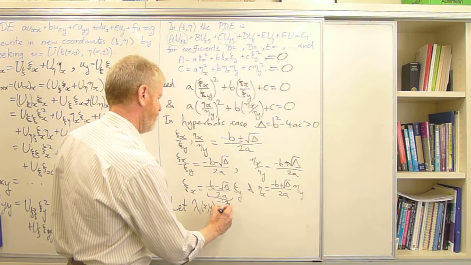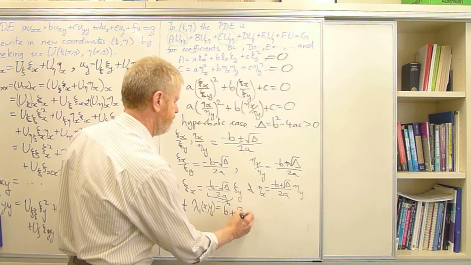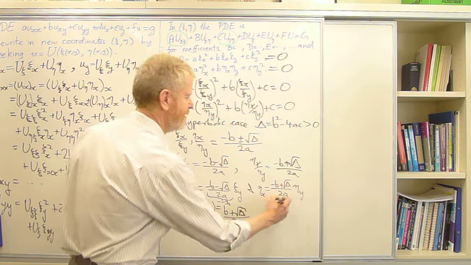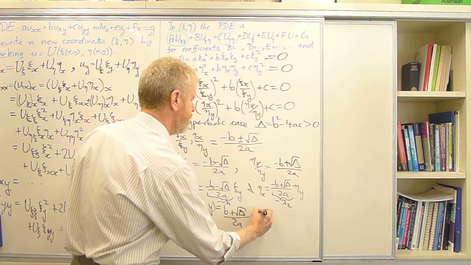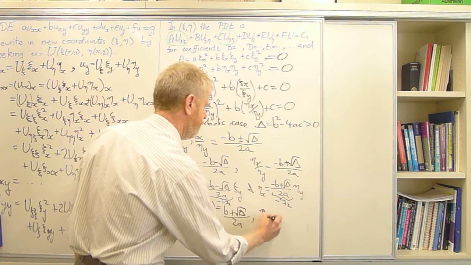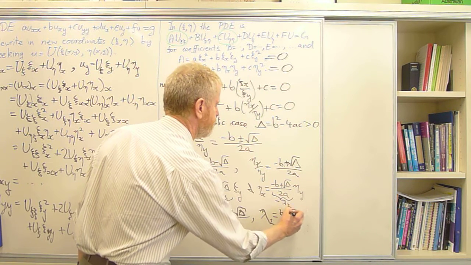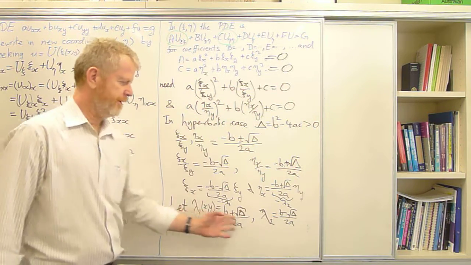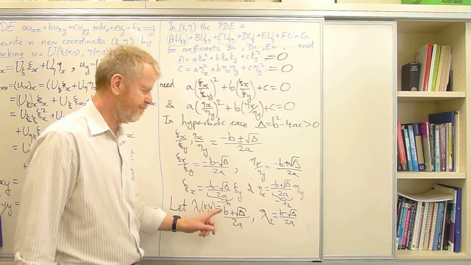In other words, lambda 1 is b plus root delta over 2a, and we want this to be minus lambda 2. So lambda 2 is equal to b minus the square root delta over 2a. And when remembering these formulas, remember it's like the quadratic, but it's plus b.